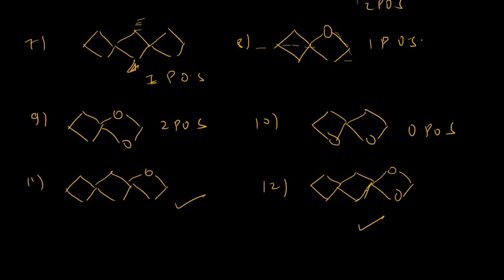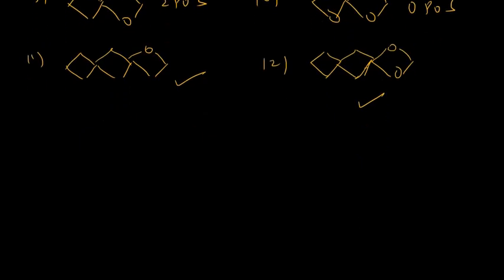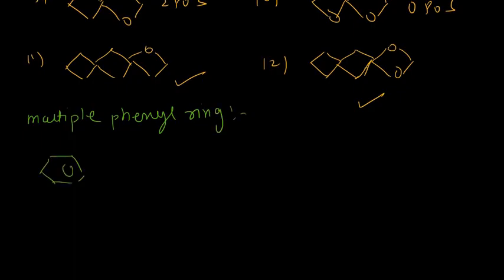Now last we're going to talk about the POS in multiple phenyl rings. In multiple phenyl rings we also get the POS. How do we get the POS in multiple phenyl rings? If we have this phenyl ring attached by a single bond, that is planar and it does have a POS.